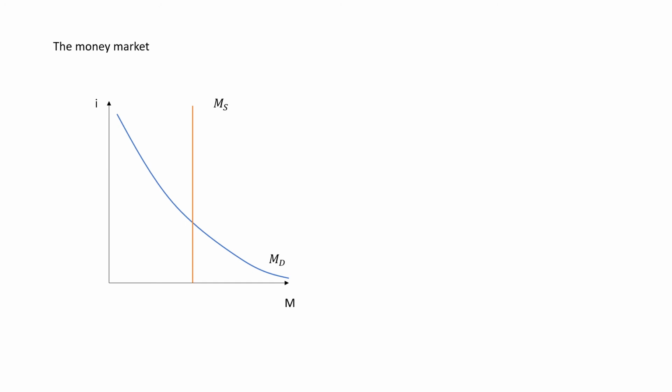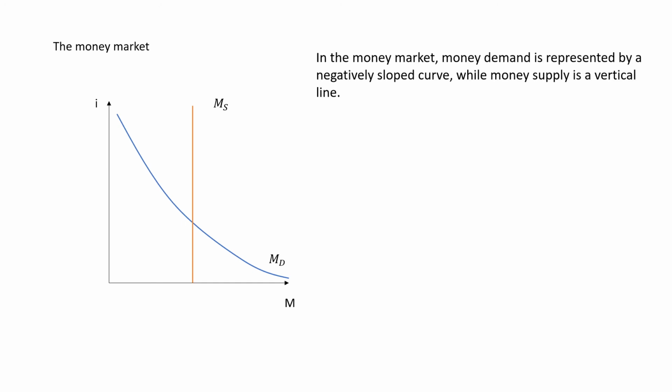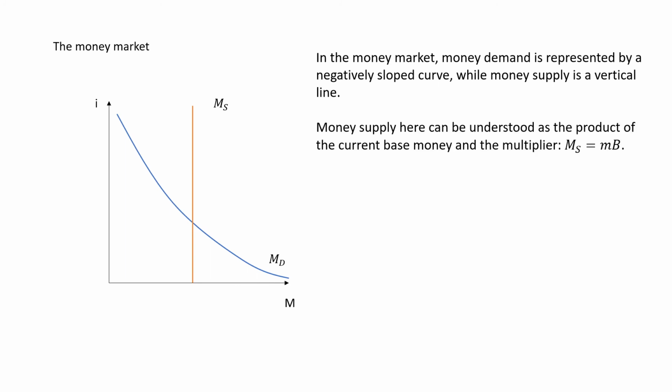And now we can look at the money market. In the money market, money demand is represented by a negatively sloped curve, while the money supply is a vertical line. The money supply could be understood as the total amount of available money created by the bank system. As a result, we can use our knowledge from the previous slide to say that money supply will depend on the base money, that is the money created by the central bank, including currencies and reserves, and the multiplier, which will depend on several behavioral factors.